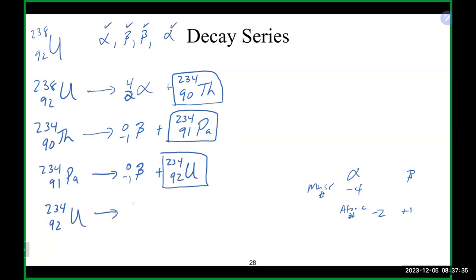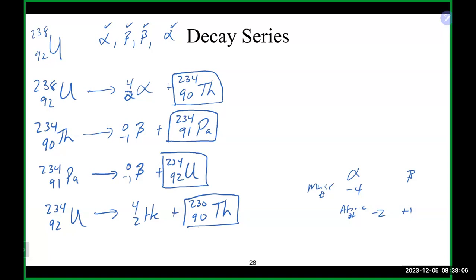Again, we'll have our alpha particle here, and that gives me a 90 and a 230. Once again, 90 is Th. So this is one way that you can figure out what you would get at the end. This is also a really good way if you're interested in what you would get after each step along the way. So you basically have the answer after each step.